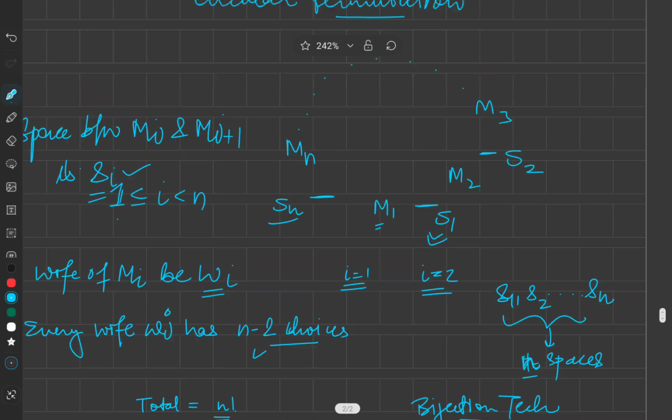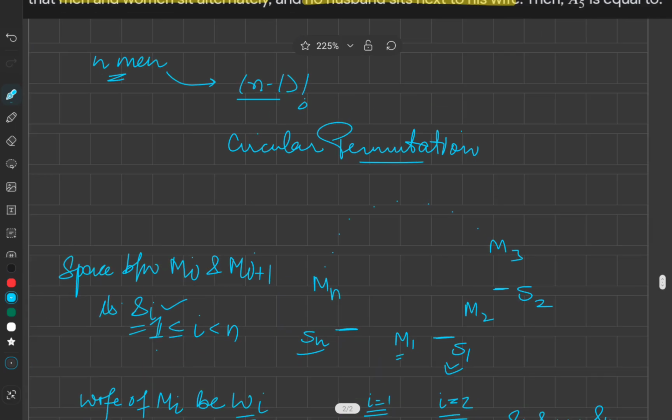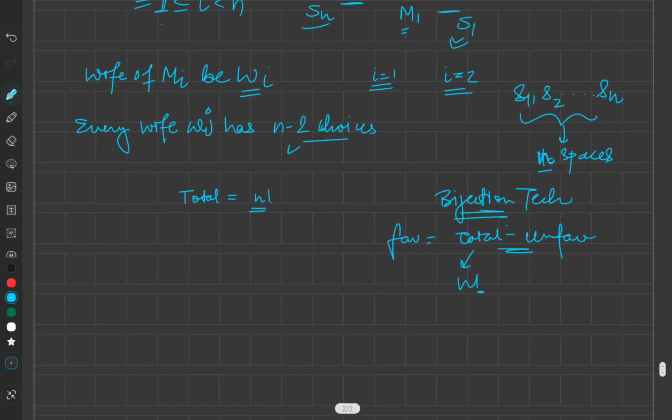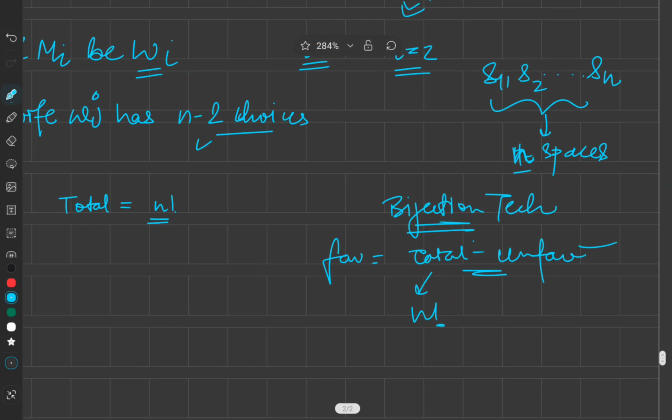We are not considering the arrangement of men here, because it does not affect our condition. So now we have to count the unfavorable ones. So what do we say?